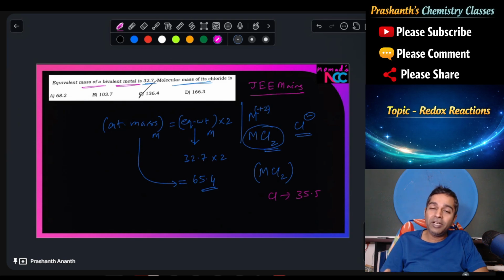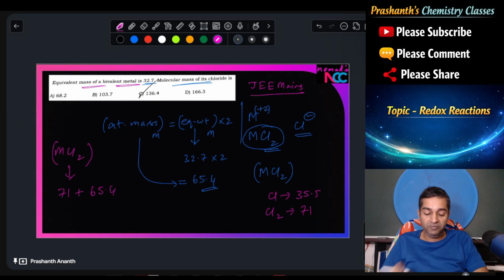So when you have this particular MCl2 considered over here, Cl2 will of course have 71 as the mass, meaning the MCl2 will have molecular mass being 71 plus 65.4, which of course is going to be, the only option with a 0.4 in this particular thing is going to be 136.4.